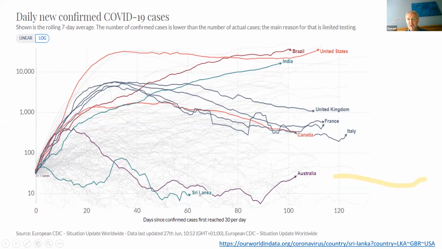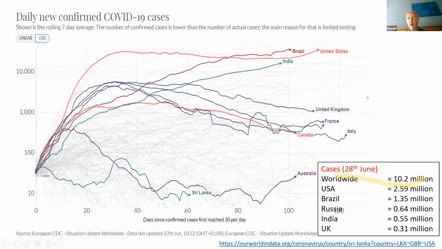Yourselves, Sri Lanka, down at the bottom. You've had a bit of a blip, maybe in March, but still below the 100 cases. So Sri Lanka have done very well in terms of containing the COVID virus.